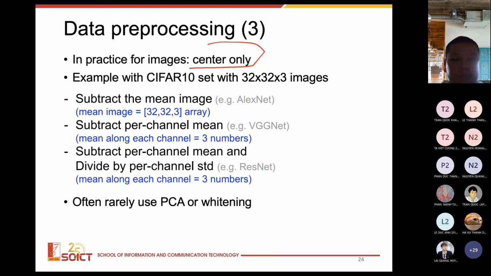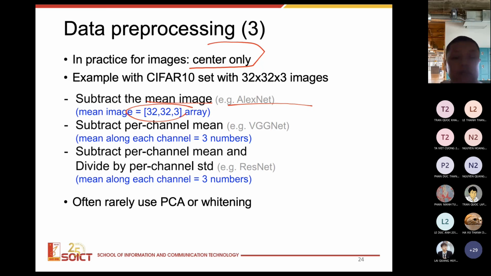For example, people are doing experiments with the CIFAR-10 data set, and for AlexNet, they subtract the mean image from the sample. The mean image has the same size as the images, and every pixel is an average over the pixel of every sample.